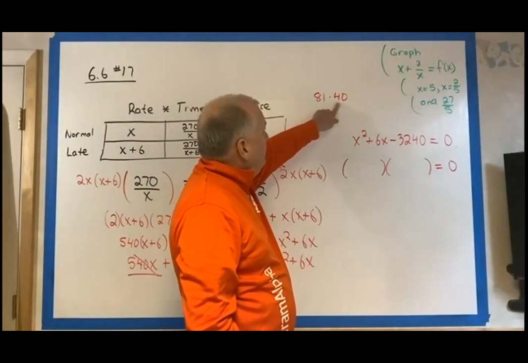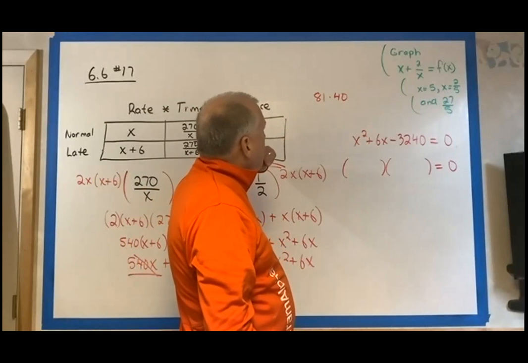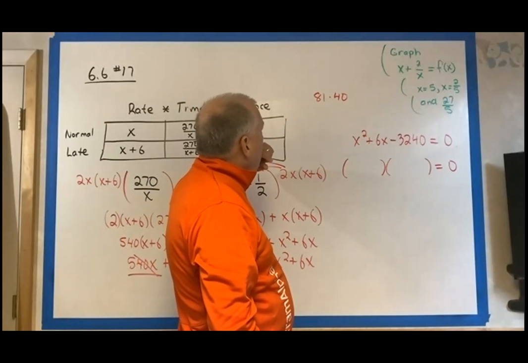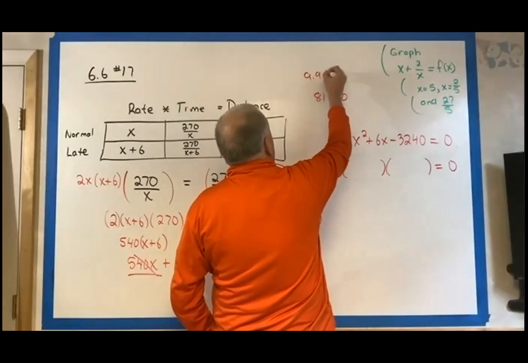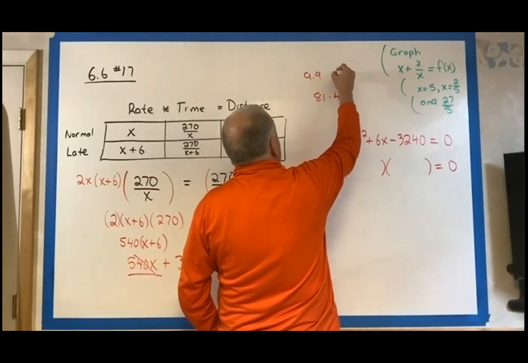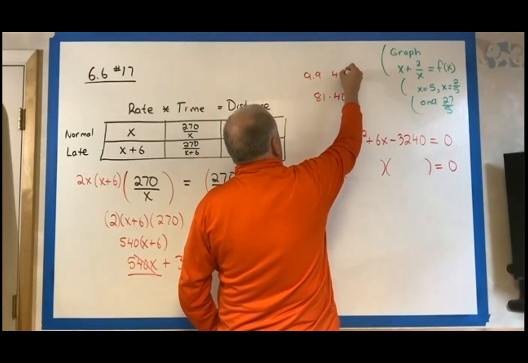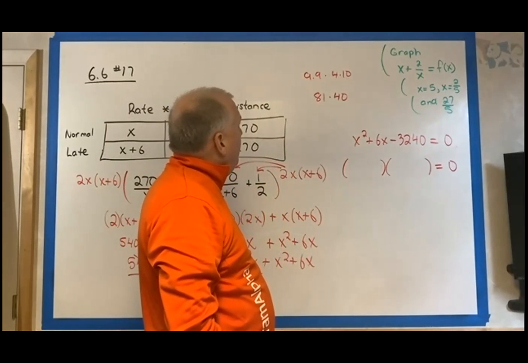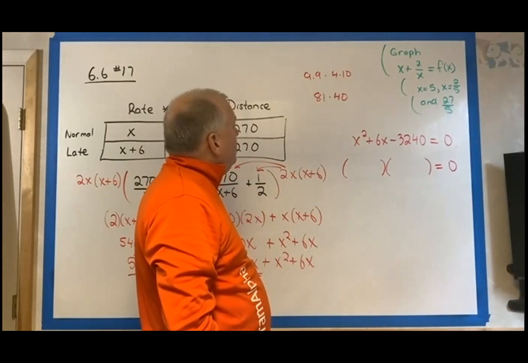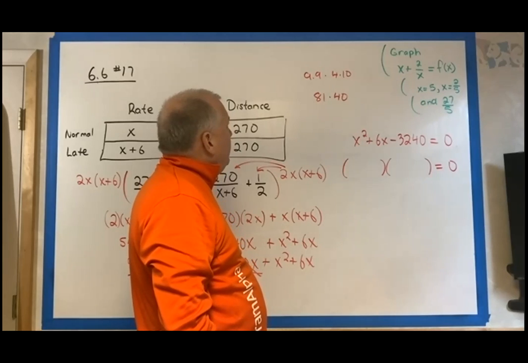So let's shove some numbers this way. Now, 81 is 9 times 9. 40 is 4 times 10. If you know the numbers, if you see them, shout them out. But I'm just going to say, can I work it out without going straight to the calculator?